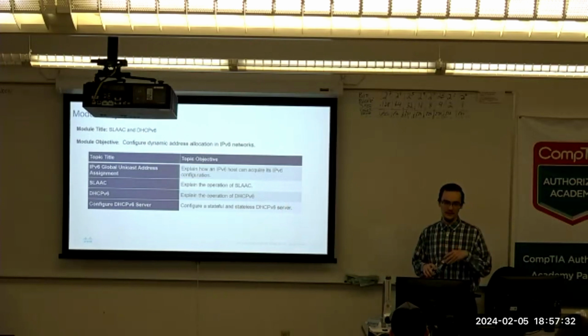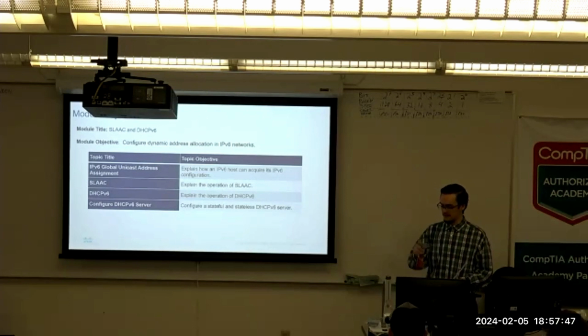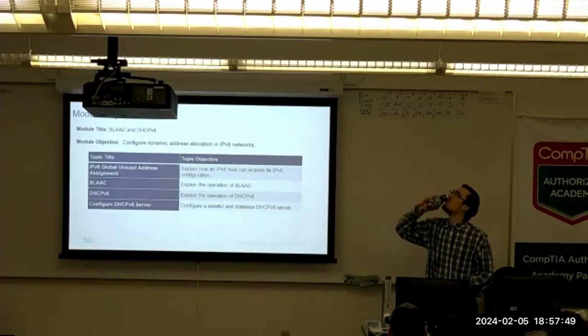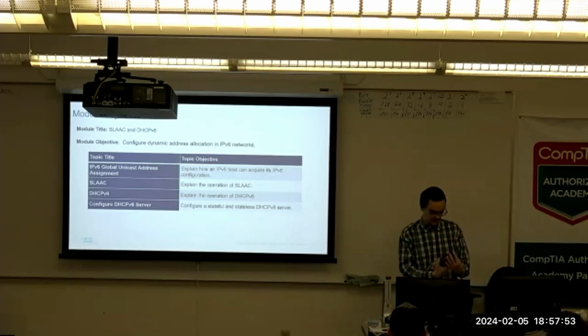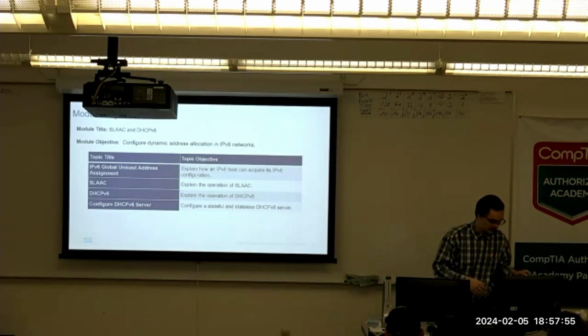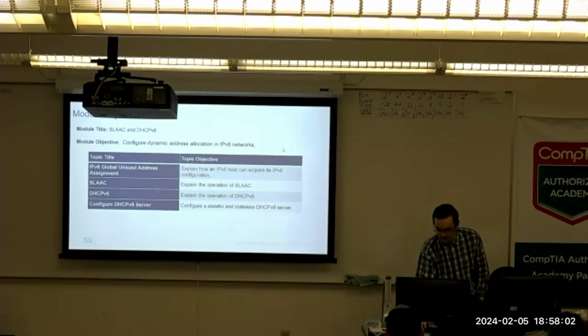What are the other kinds of IPv6 address? Two of them start with link. Yeah, link local. Well, the other one doesn't start with local. Unique local. And don't forget about that, unique local. Yep, so link local, unique local, and global. There's more than that, but you need to know those ones.